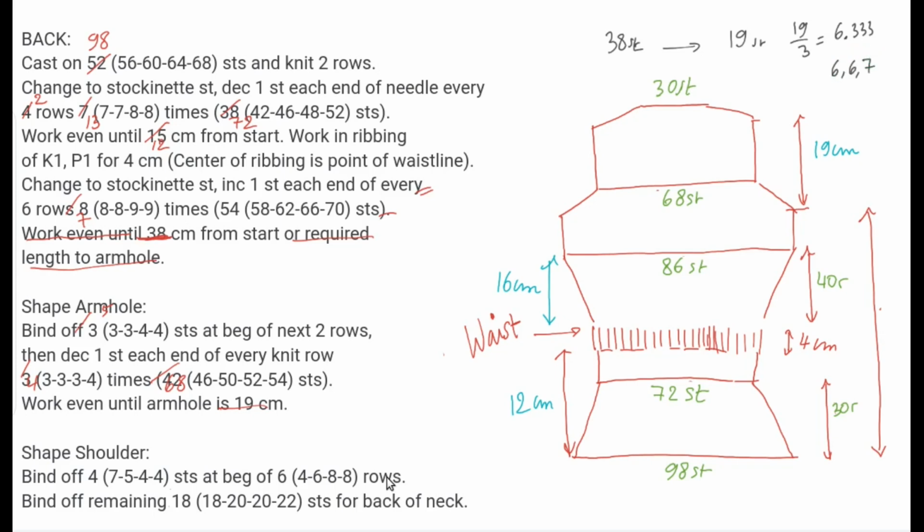And that gives you 19. In our case, we are going to do 6, then 6, then 7. So they're doing 4, 4, 4. We're going to do 6, 6, then 7. And that would leave us with 30 stitches for the back of the neck. And that completes the back piece.